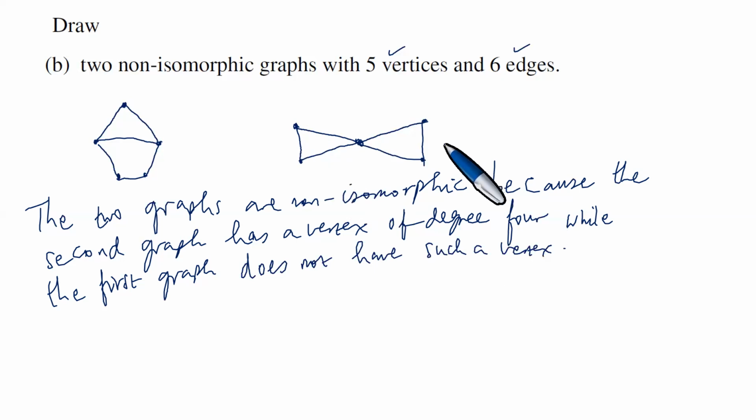There are 4 of them. So here you would expect to have 4 vertices of degree 2. But if you count degree 2 in the other, it's 1, 2, 3. Right, you can see that there are 3, so these graphs cannot be isomorphic.